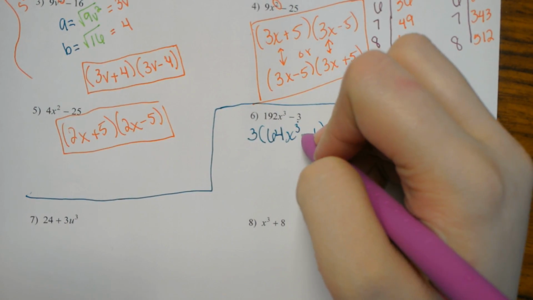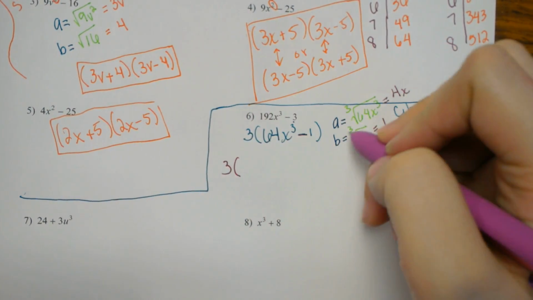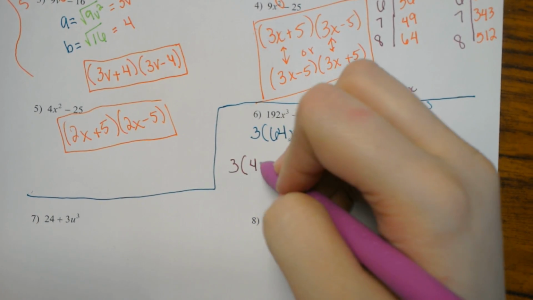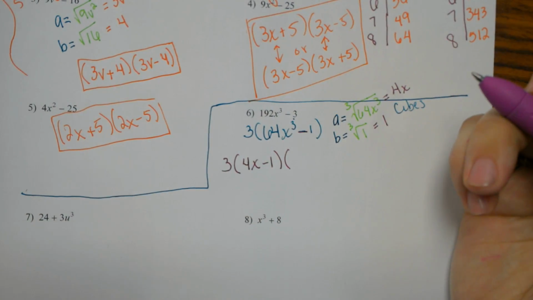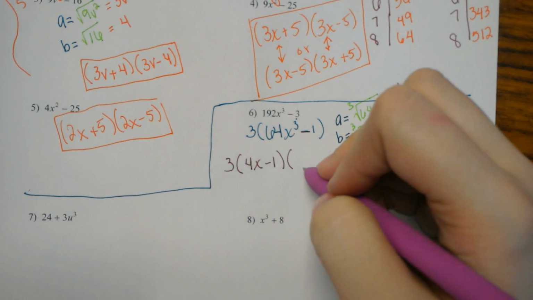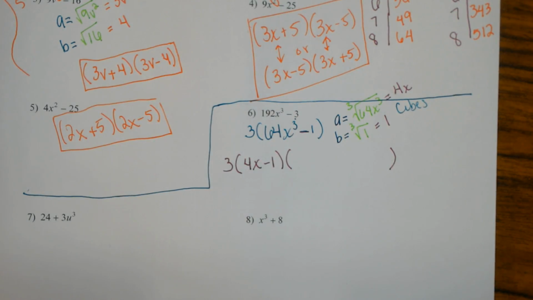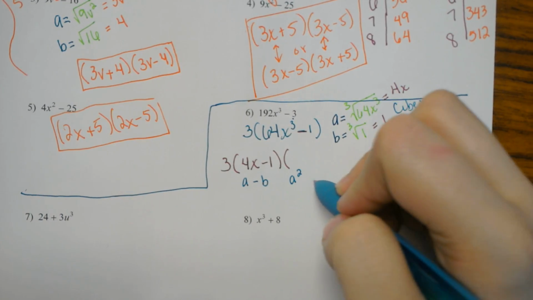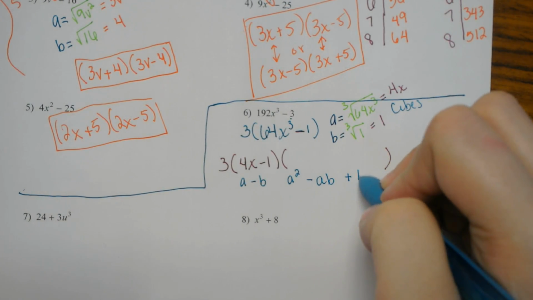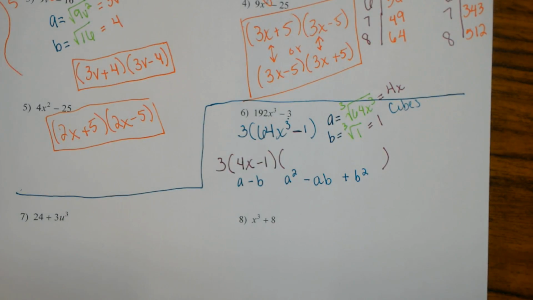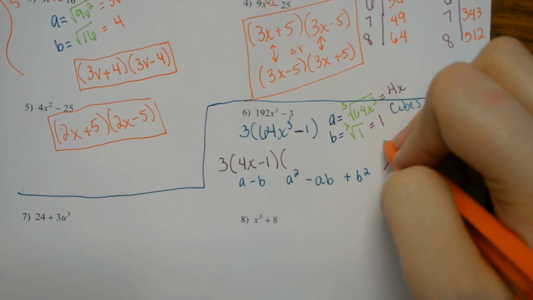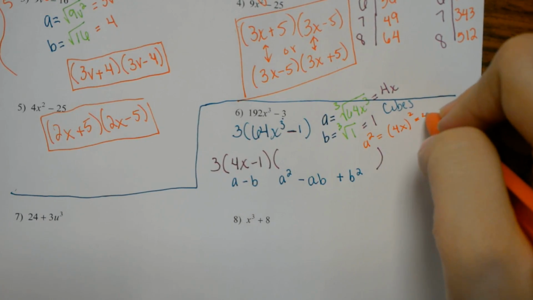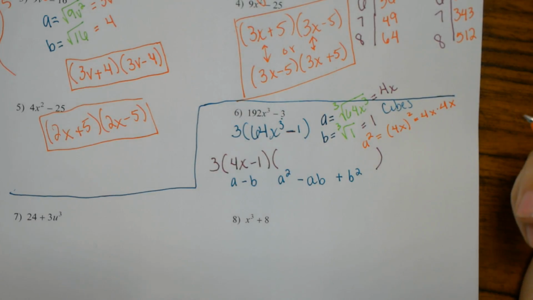My equation says if I have a minus, I subtract a and b. And this is going to be a squared plus ab plus b squared. So if I square 4x, that's 4x times 4x.